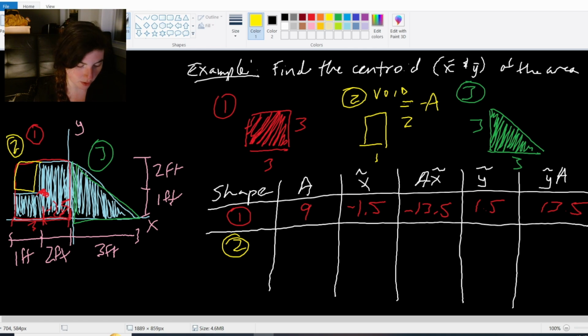So my area of my void is 2 by 1, so it's just 2, right? 2 times 1 is 2. So a negative 2 in my area. Now I have my x tilde. And here we'll notice that the centroid of this guy is right about in here.